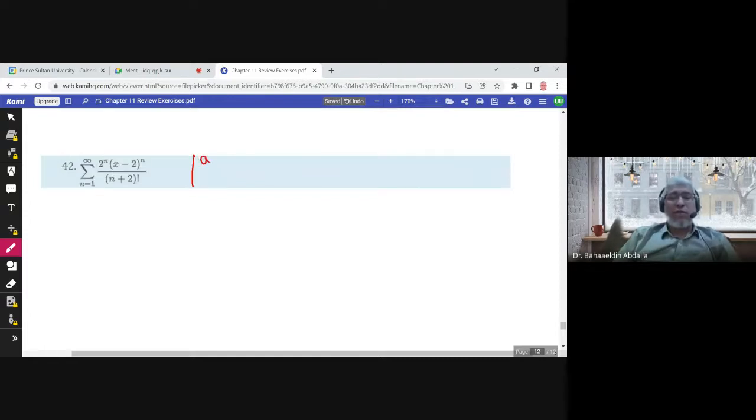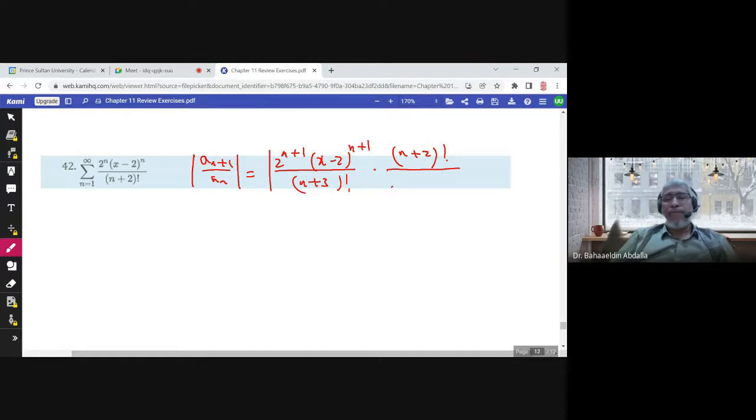Let us use the ratio test. n plus 1 plus 2, n plus 3. Cancellations.